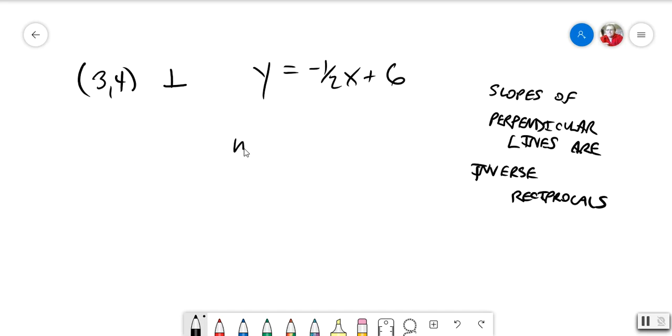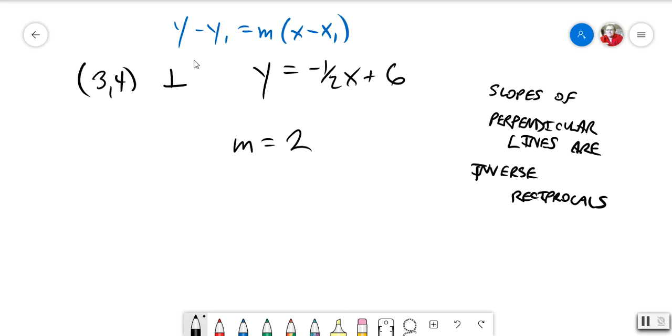So my slope inverse, that means I change it from negative to positive. Reciprocal, instead of 1 over 2, I do 2 over 1. And then guess what? I go back to my point slope, which is the most widely used of these when you're doing these equations.